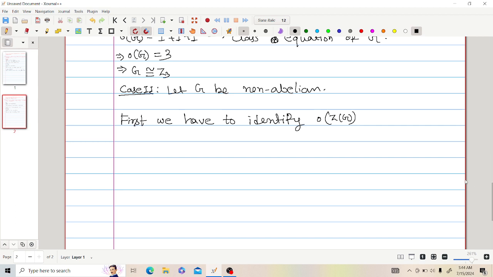If an element of G comes from Z(G), then it commutes with every element of G. So the class of that element is a singleton.